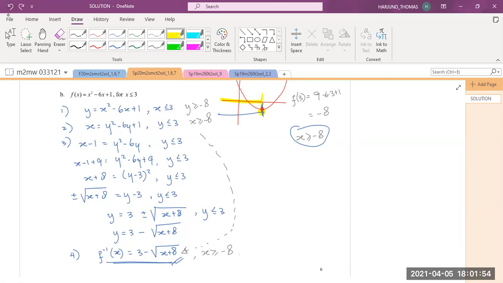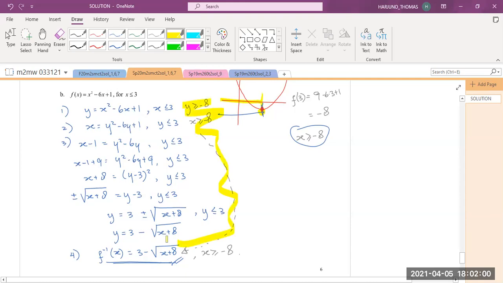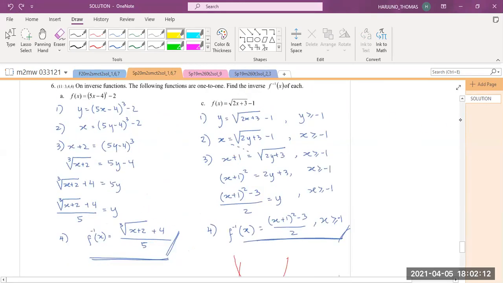If it is not one-to-one, take a look at the restriction also. So it has to be a function and it has to be one-to-one, for the inverse function. Okay, that's for number 6.